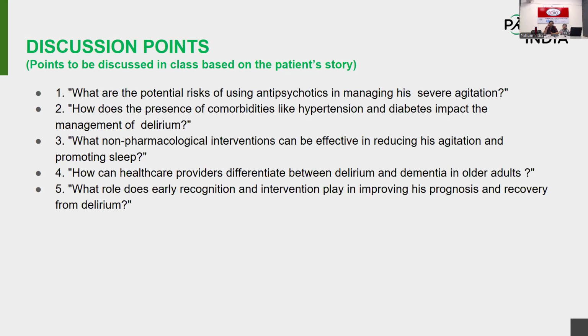But we have already said that we can use up to a level of 15 to 20 milligrams. It is very uncommon in this dose for the patient to develop these kinds of extrapyramidal symptoms. That's why we give a cut down. So far we have not seen extrapyramidal symptoms in this dosage.